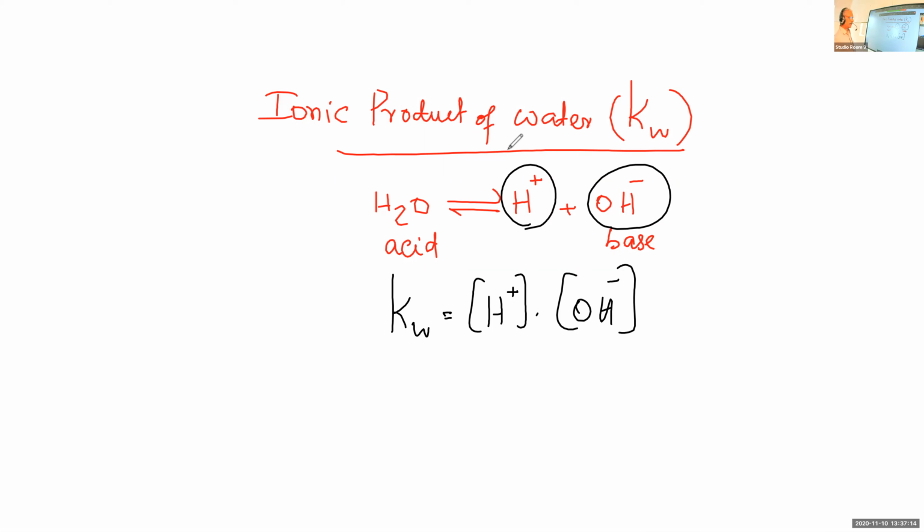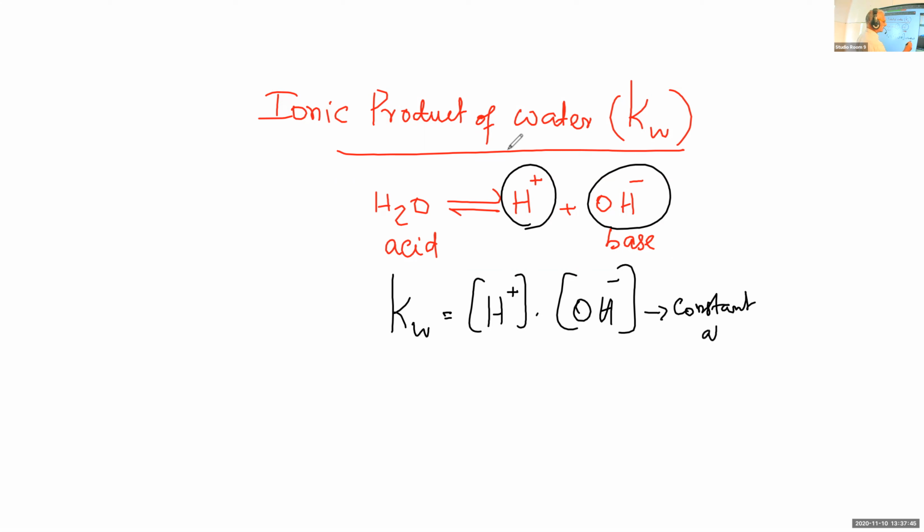Which ions? H plus ions and OH minus ions present in pure water. That product is called the ionic product of water, and it is a constant. And it depends upon temperature.